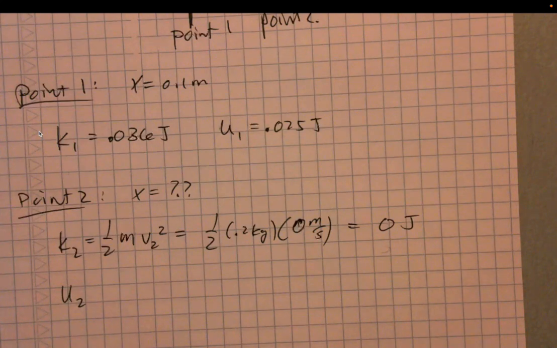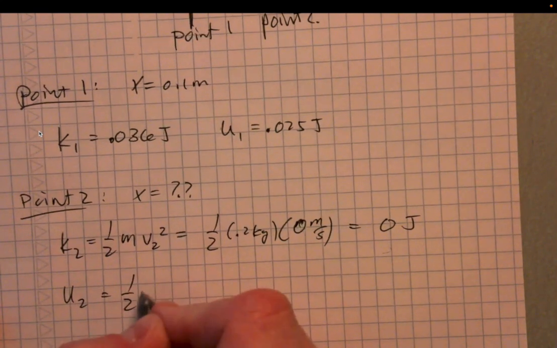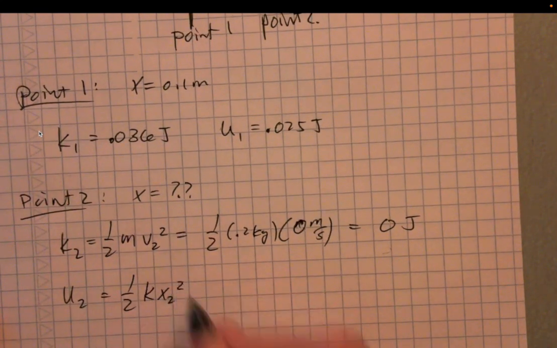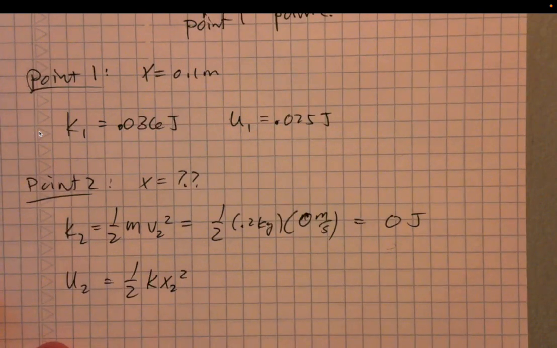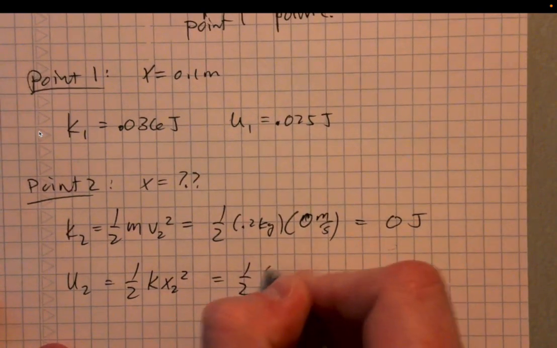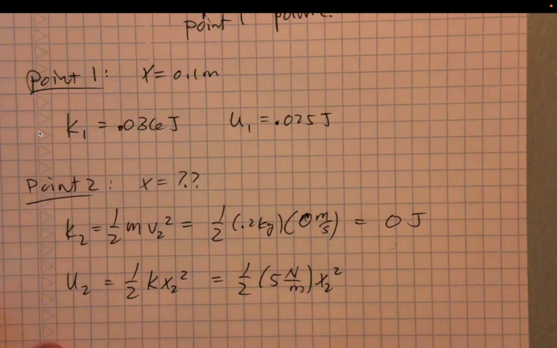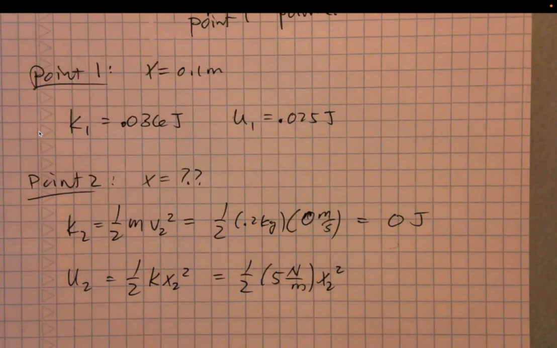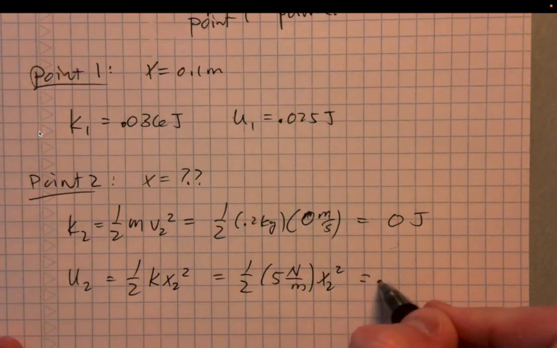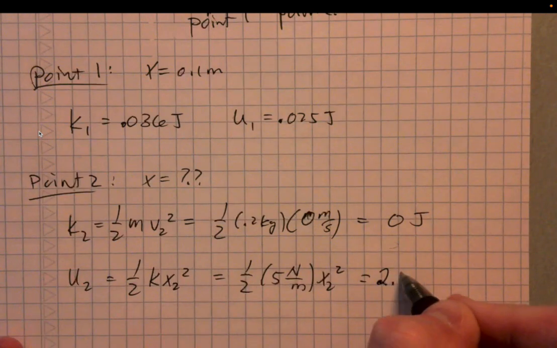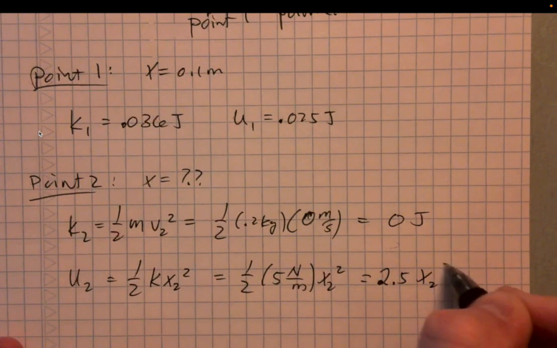Okay, so U2 is going to be equal to 1/2 k x2 squared. That is 1/2 times 5 newtons per meter times x2 squared, which is equal to 2.5 times x2 squared.